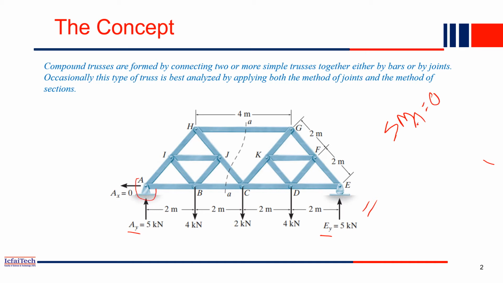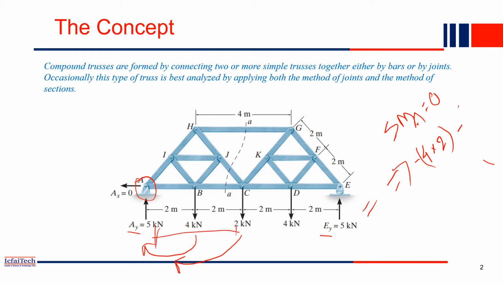If you apply moment about A equal to 0, what are the forces acting? One is this 4 kilonewton acting in the clockwise direction at a distance of 2. So we'll have minus 4 into 2. Then you have the 2 kilonewton force, again clockwise, at a distance of 4 from A.